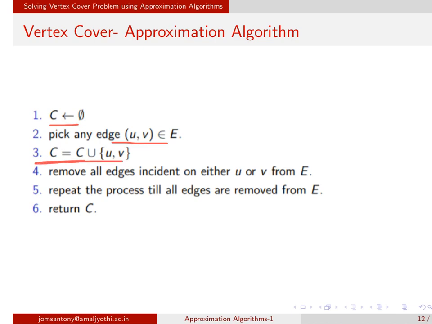And once we have added the vertices of that edge, now we will remove all the edges incident either on u or on v from the set of edges. And we will repeat this process until all the edges are removed from the edge set. And once all the edges are removed, then the vertices present in your solution set C will be surely a vertex cover. Finally, we will return the solution set C.